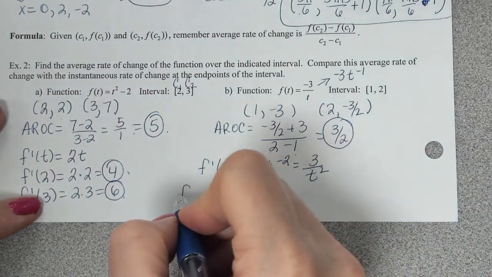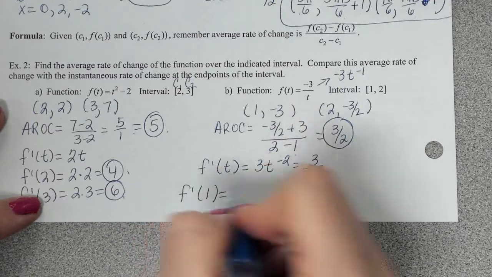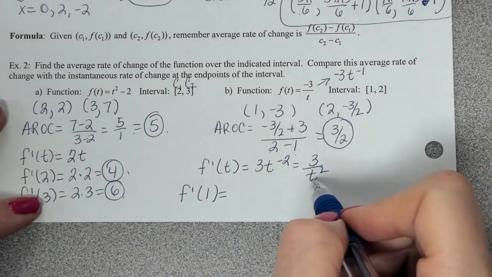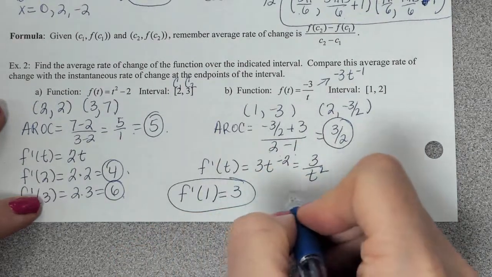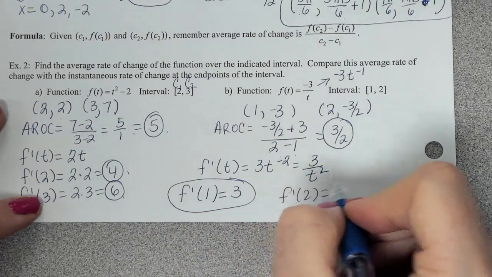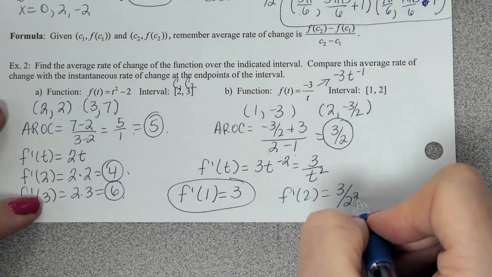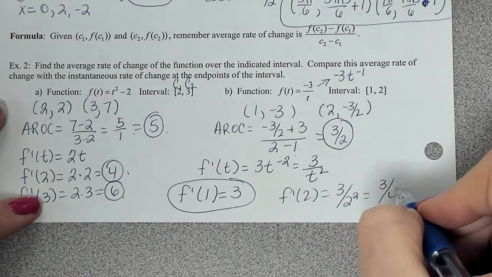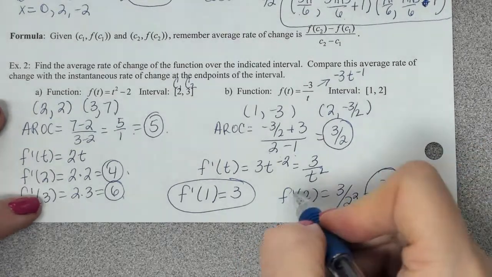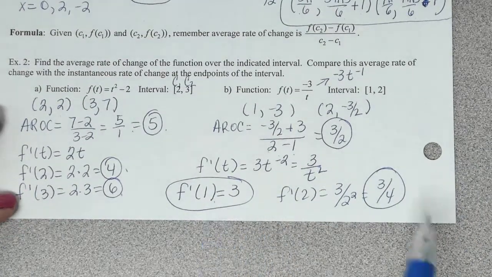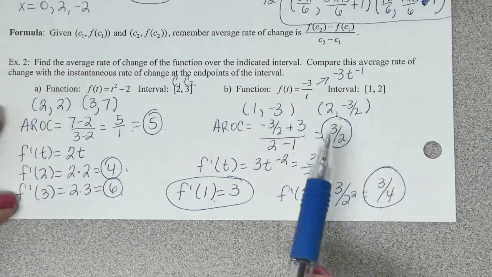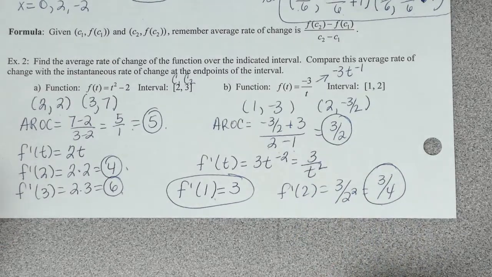So now we're going to do f prime of 1. That just means plug in 1 for t. 1 squared is 1. That's going to be 3. F prime of 2, 3 over 2 squared. That's going to be 3/4. So that's f prime of 2. Instantaneous rate of change, instantaneous rate of change, and average rate of change.